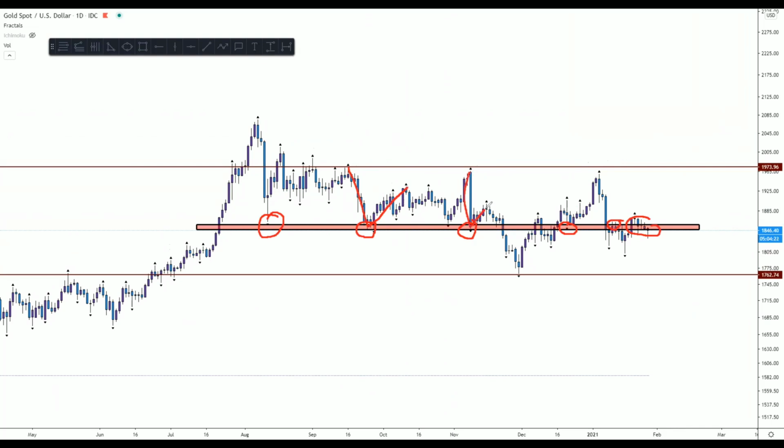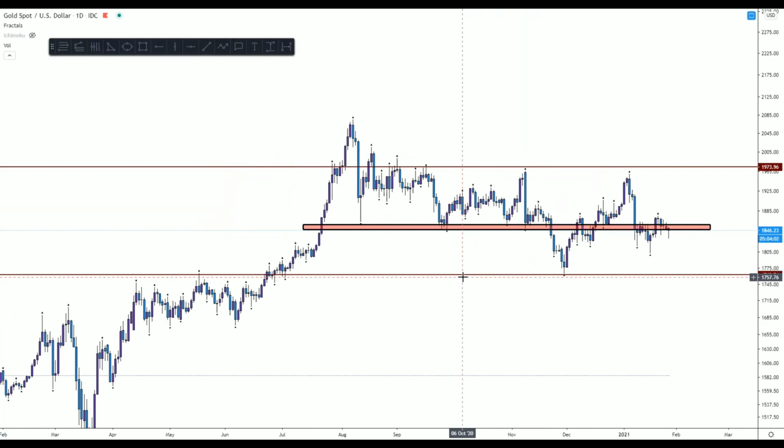Came down to support, see the bounce. And now it broke through. Now it is acting as resistance here. It broke through, and now we have a resistance here, here, and here. So this is how you can find some areas of support and resistance as well.